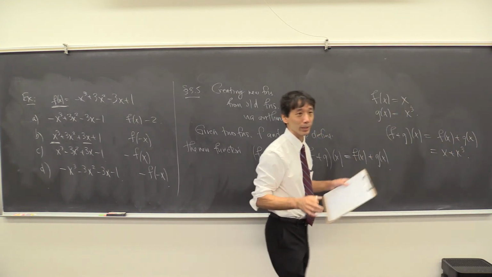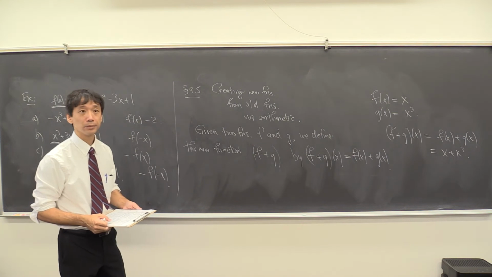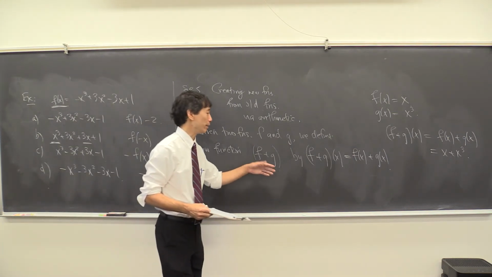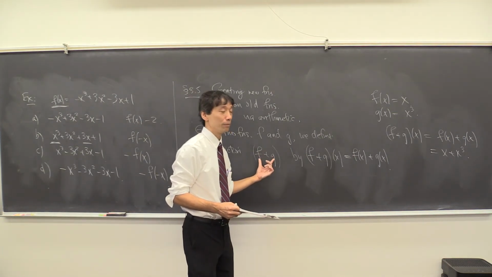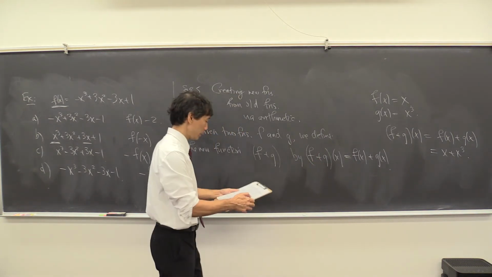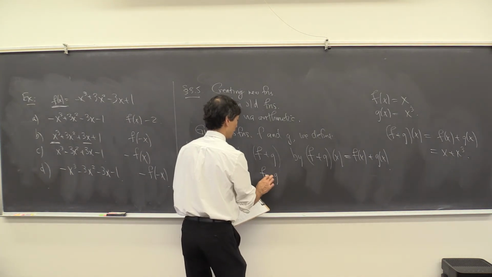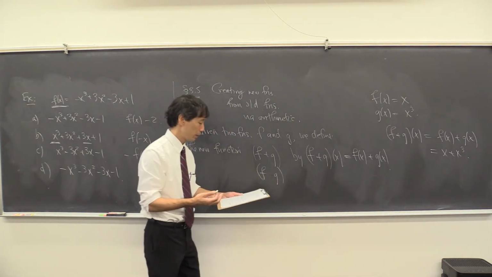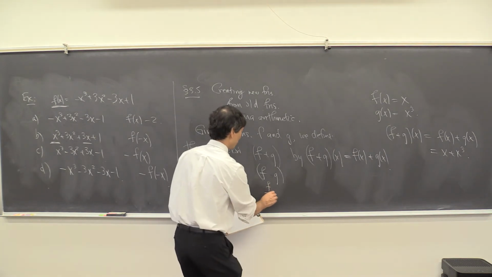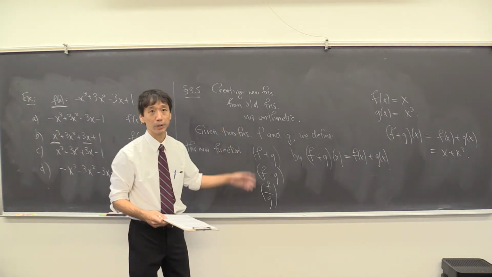So nothing impressive. We can create a new function by doing the obvious thing. Similarly, you define a product function, you define a quotient function, and so on and so forth.